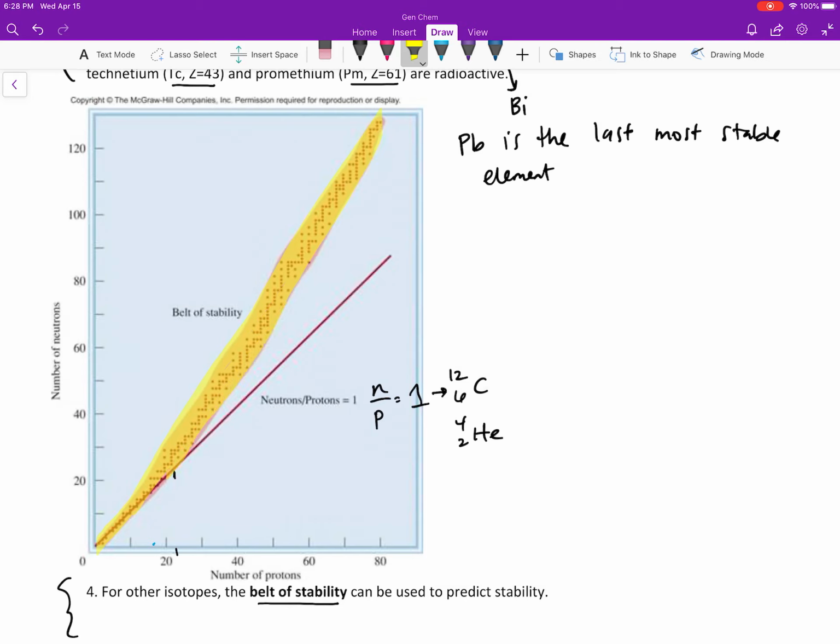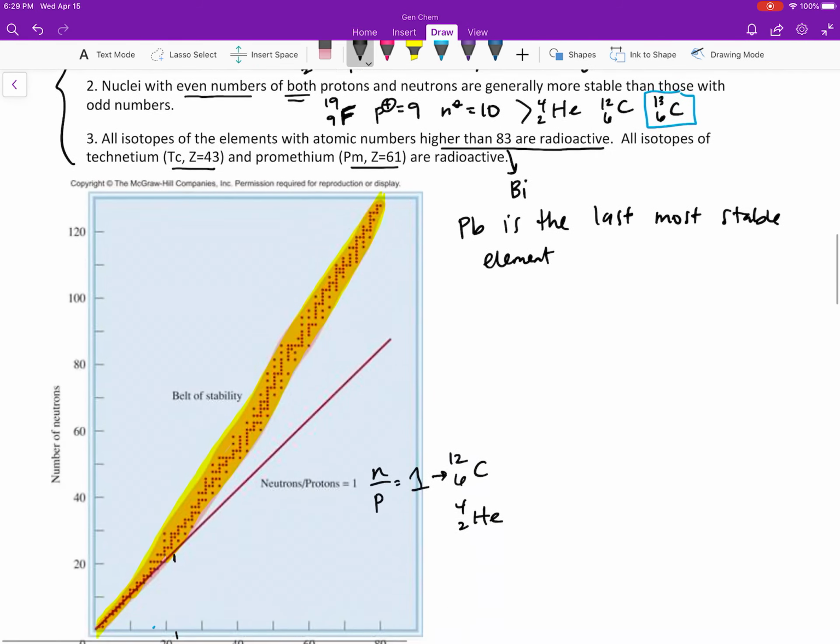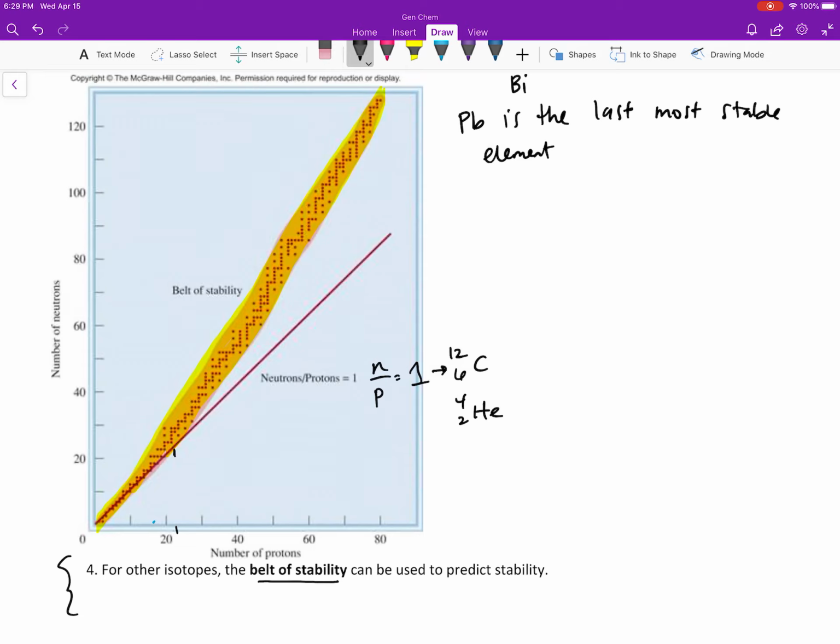Okay, so as the elements get heavier and the atomic number gets larger, the 1-to-1 ratio is not the right ratio to overcome the proton-proton repulsion. So we have to start adding more neutrons for every 1 proton. And so what this means is that eventually we're adding significantly more neutrons for every 1 proton that we're adding, so that the atom can be stable.